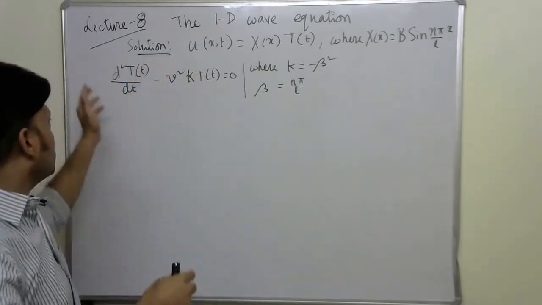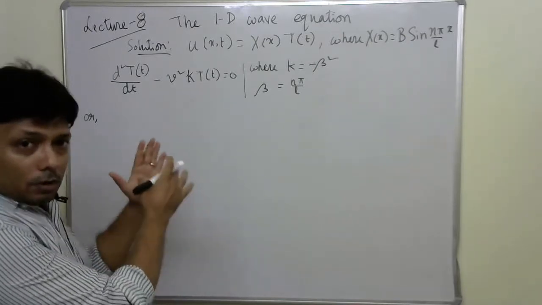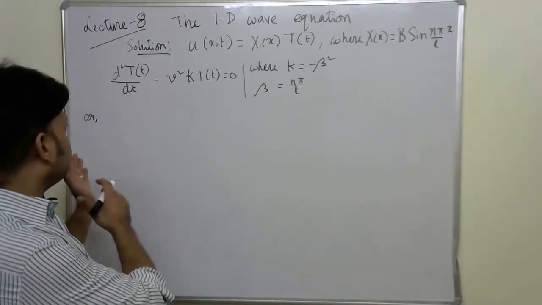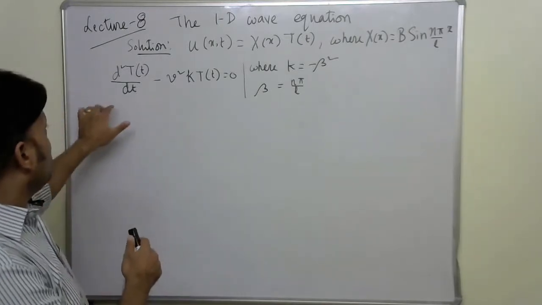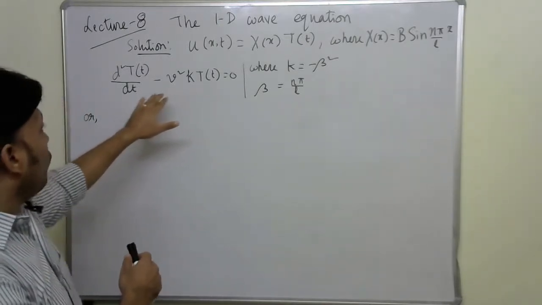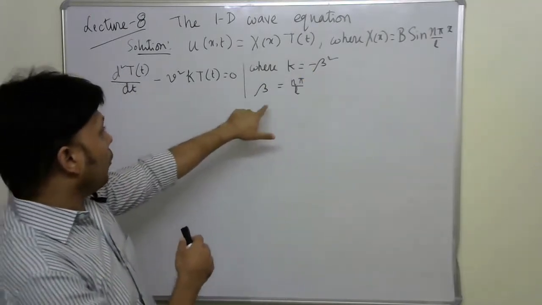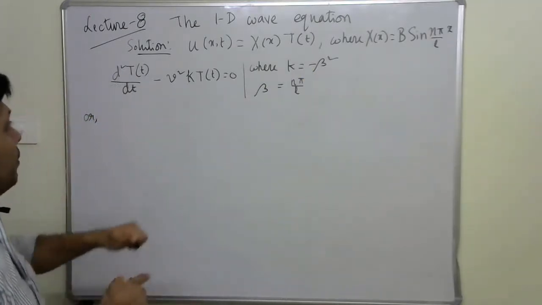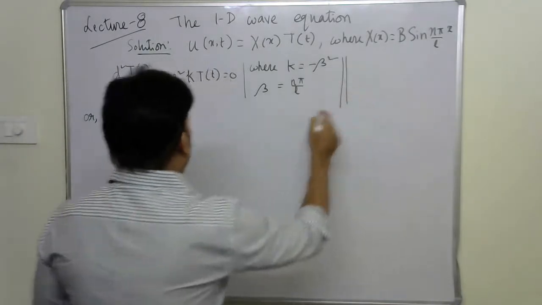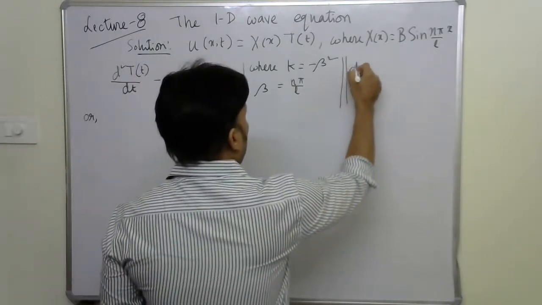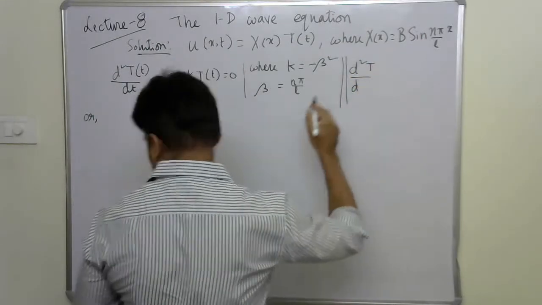So this was the part of the equation that we got in last lecture by the process called separation of variables. So this is the form, and we have already recognized that k is negative of beta square, where we already found beta is equal to n pi over L. So we see that this equation is already existing in the form of this.